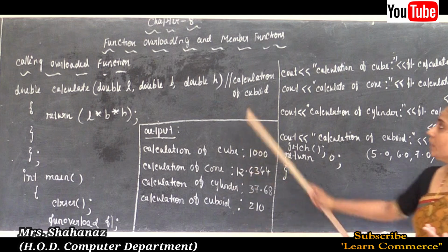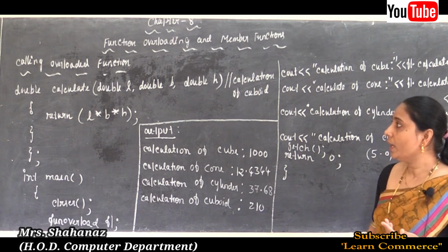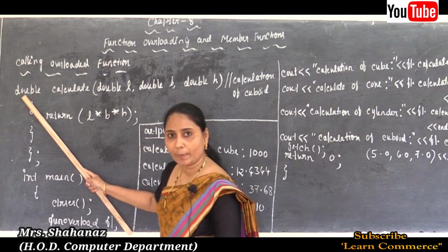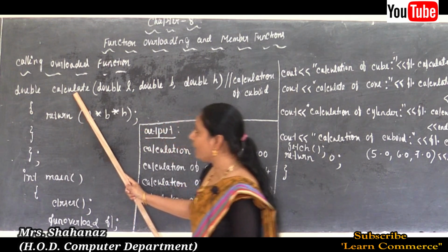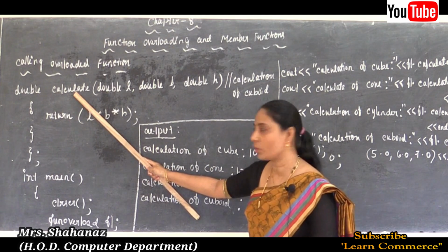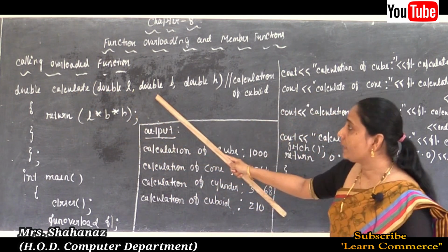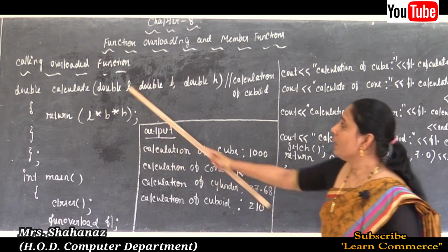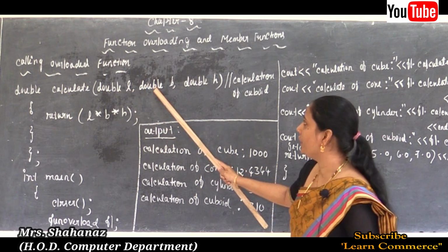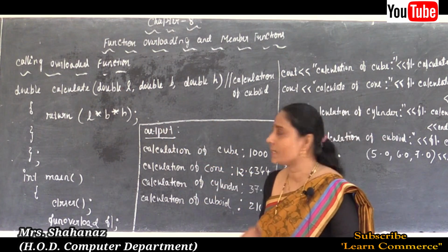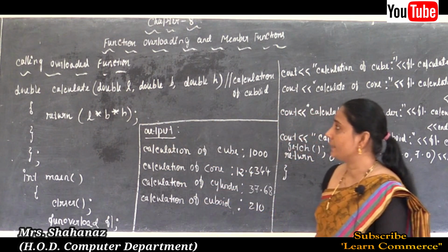Clear this point here, the calculation of the cuboid. In this case the return type is double, and calculate is the name of the overloaded function. It has 3 arguments: double L, double B and double H. So it has 3 arguments with different data types in this case.